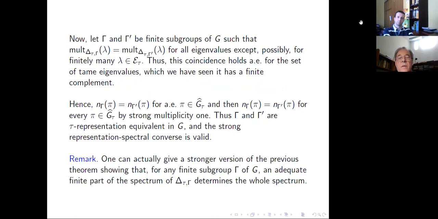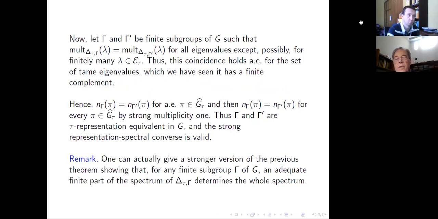And then we are in good shape and we can conclude the result using the strong representation spectral. So then we get the strong representation spectral converse.